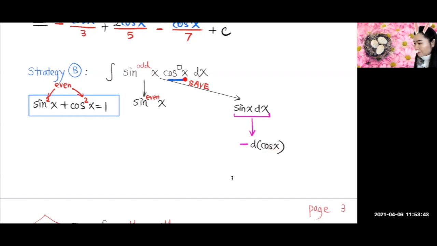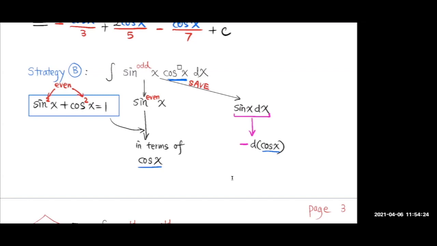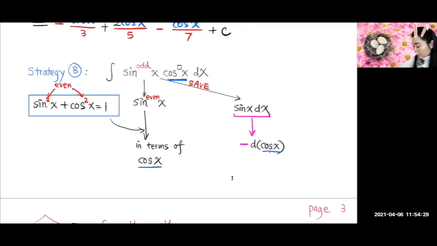You just keep it. And then this one over here you want to be in terms of cosine x, so we use this identity. Then this integral will be all in terms of cosine x. And then what's the final step? Use u-substitution. You let this cosine x be u, and later on you can return back to x afterward.